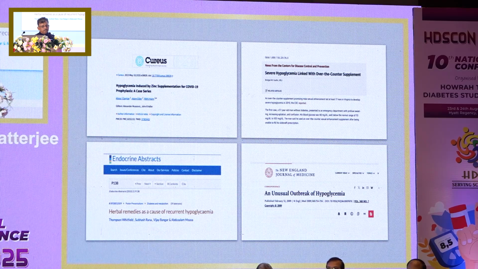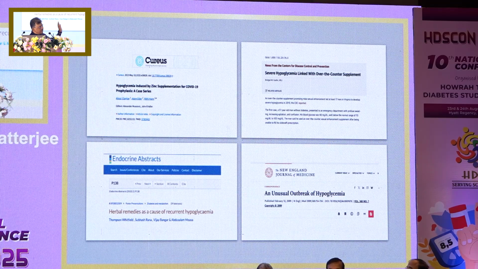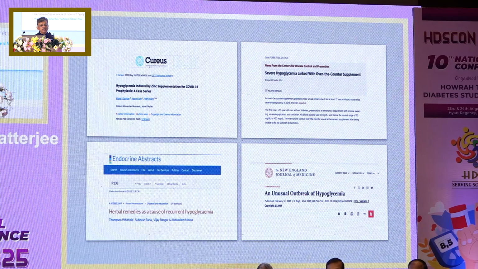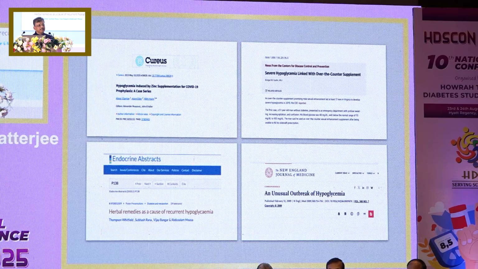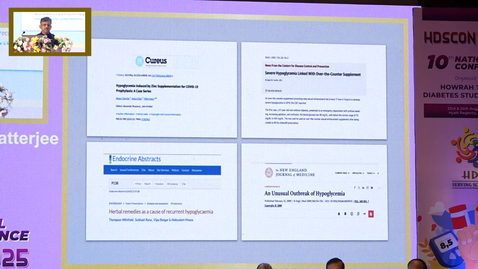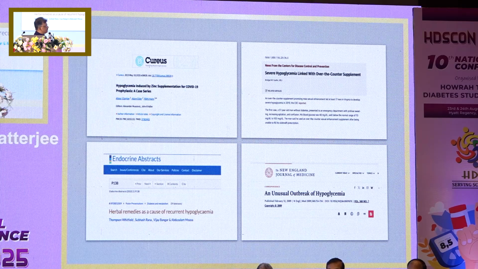Not last but least, multiple case reports have shown that herbal therapy and alternative therapy can lead to hypoglycemia. There are case reports, like zinc in COVID-19 patients causing hypoglycemia and hospital admissions.